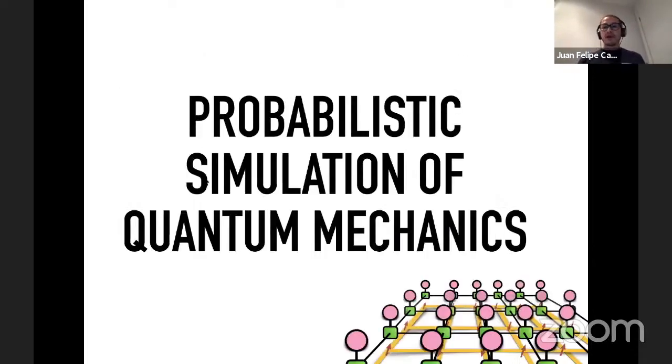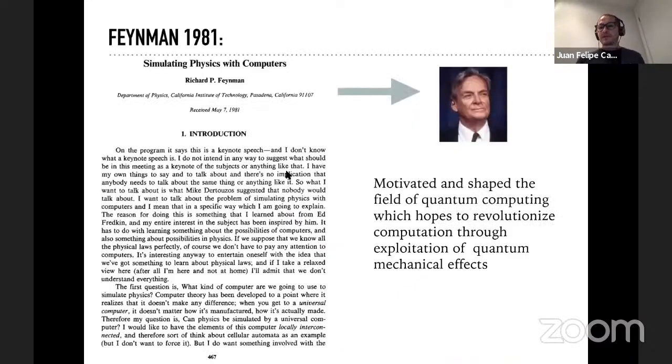So, how do you simulate quantum mechanics with probability? That's the question. And why do I ask this question? As I said, it's in part because of these challenges that appear when you're trying to optimize and to express the sign structure of the wave function, but also because this was an interesting question, at least in the 80s, right?